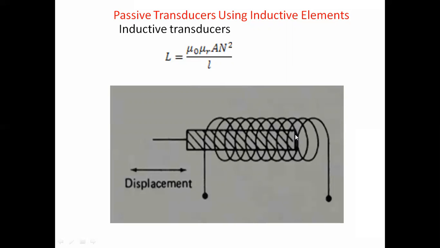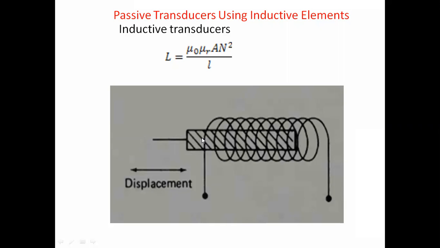The permeability corresponds to the flux flowing through this core and also the flux flowing in the air. Suppose this permanent magnet is moving from left to right, that is, by applying some displacement, the core will change its position in the coil. This is a magnetic core.